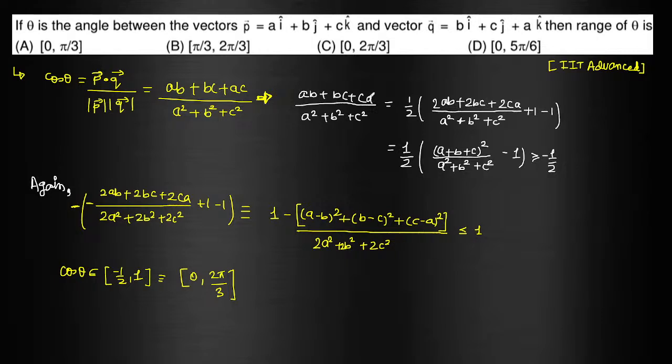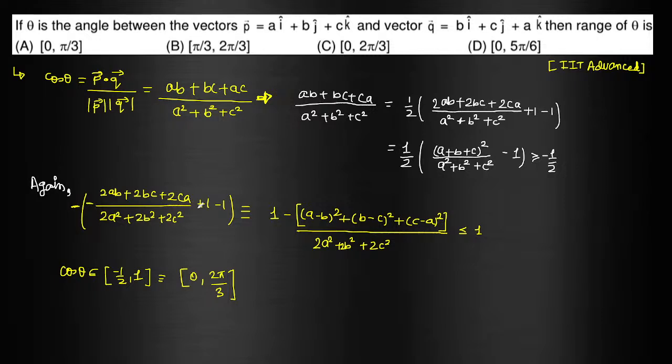So in this ab plus bc plus ca, we multiplied by 2 and divided by 2, then we added 1 and subtracted 1, and we got (a plus b plus c) whole square minus 1. If a plus b plus c is 0, it is minus 1 by 2. Okay, so cos theta will be greater than or equal to minus 1 by 2. And now in this we multiplied by 2 divided by 2, and then we multiplied with minus.